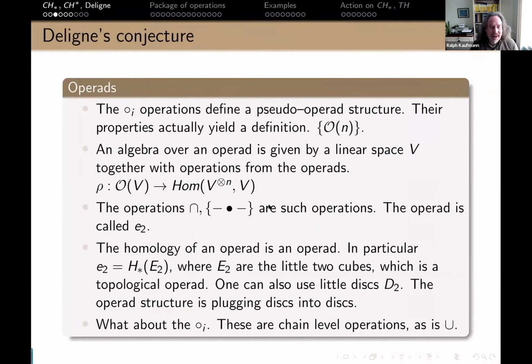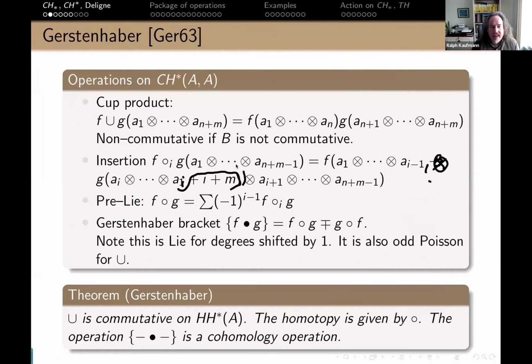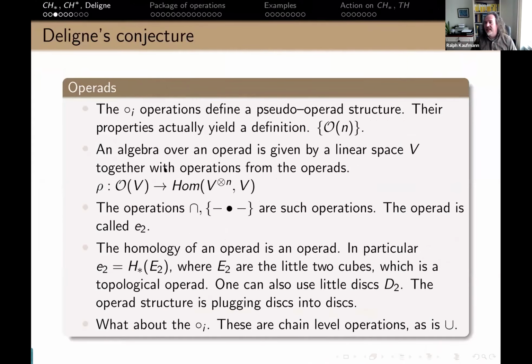All right, so now I don't know if everybody knows about operads, and that in a sense you don't have to, but if we go back to this page, then we have these operations, composition i or circle i operations, and I use them to build this pre-Lie bracket, but they stand as individual things themselves and have some standard relations. If you've actually never seen an operad, it's the best thing just to go home and invent one right now by yourself.